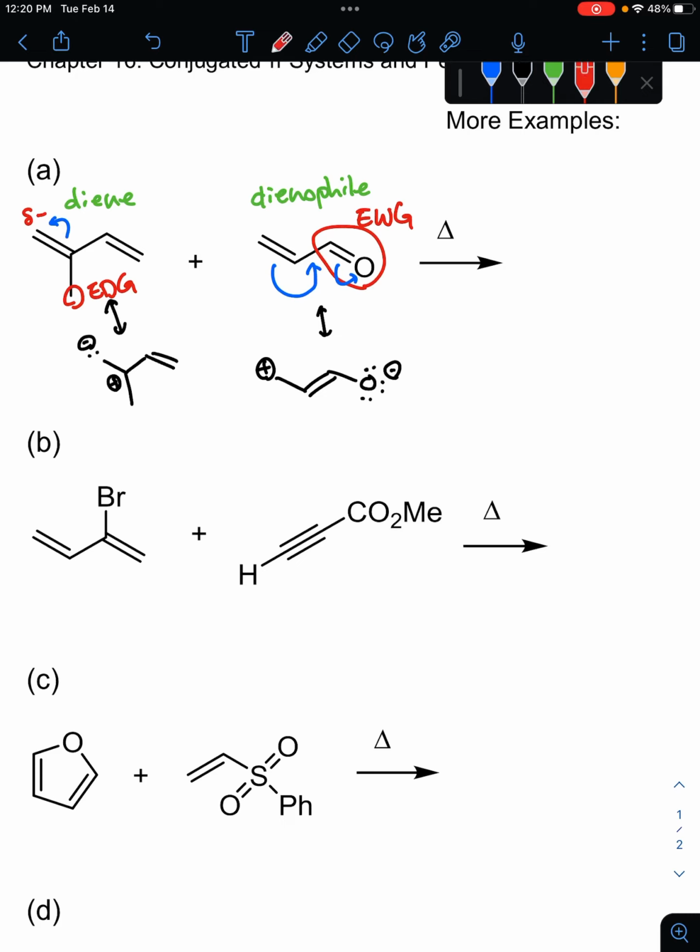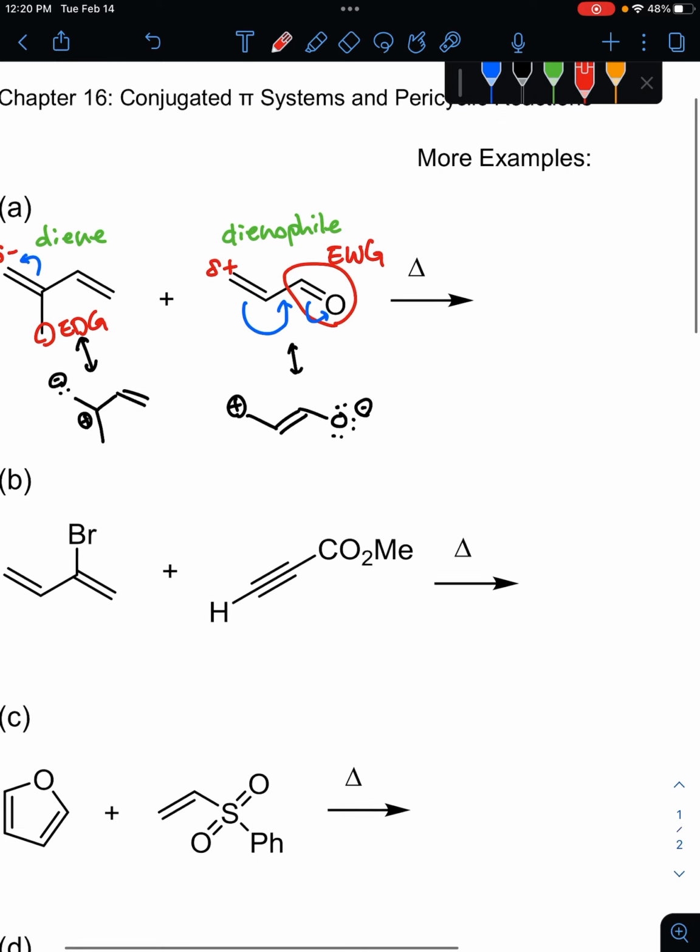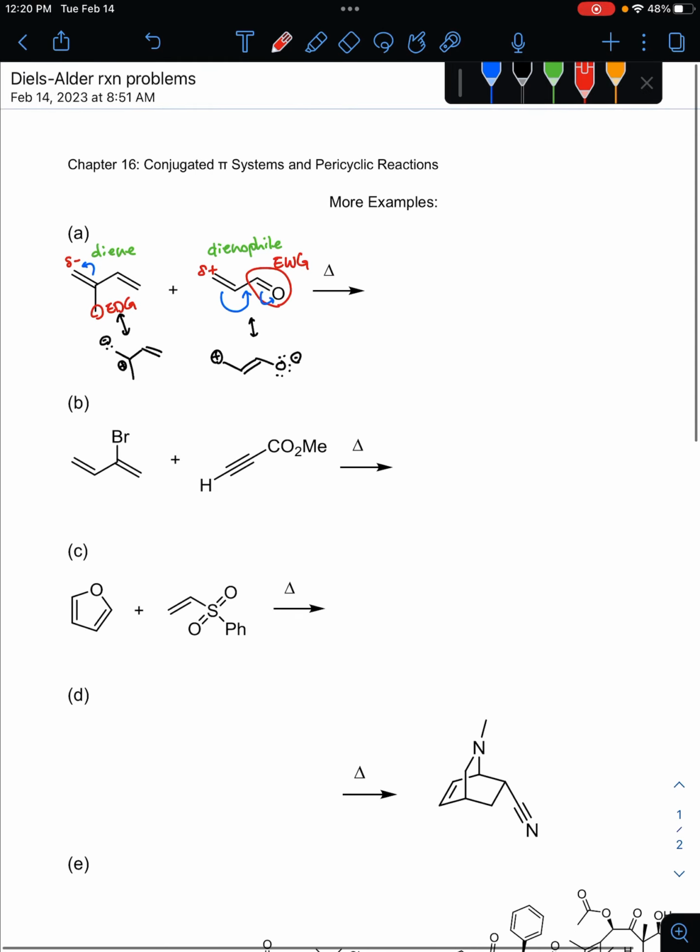But all of that tells us that there is indeed a partial positive charge on that end carbon. So what we need to do when we're figuring out the regiochemistry is to draw those two starting materials in such a way that the partial negative charge and partial positive charge match up.